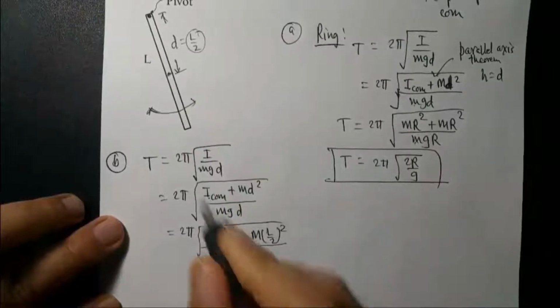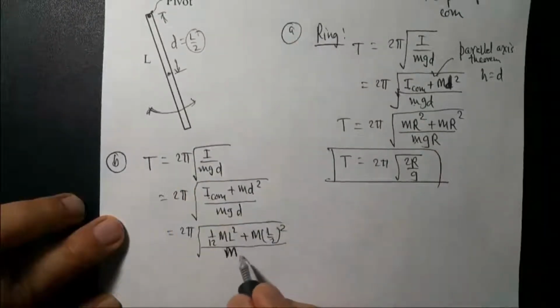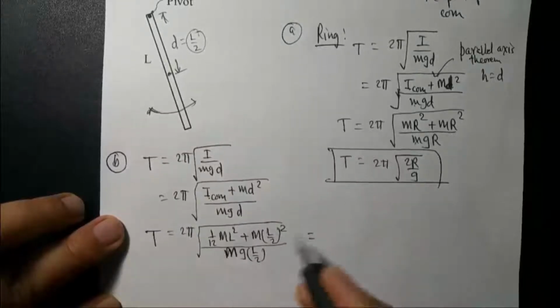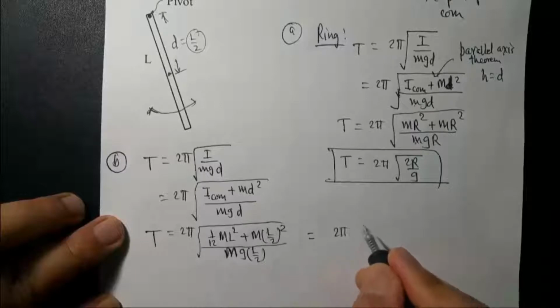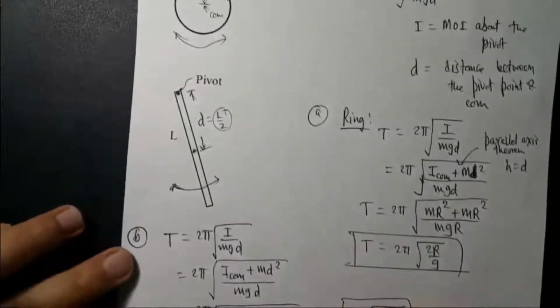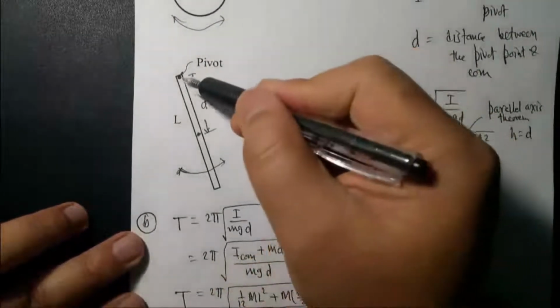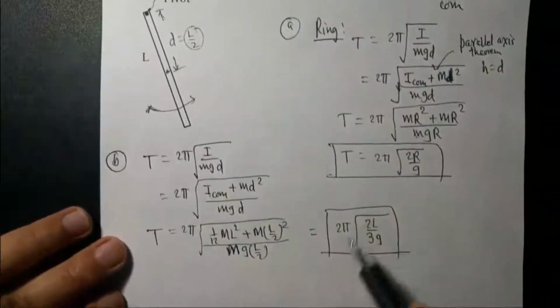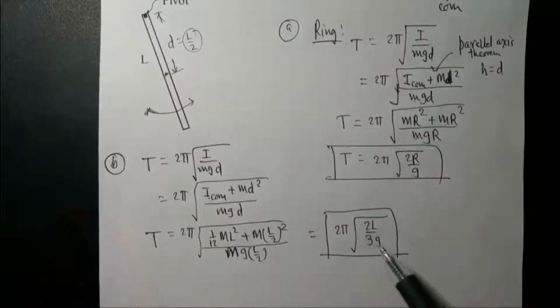These masses are the same, the mass of the stick, and d is just L over 2. And that's your time period. If you simplify that, you will end up with the result, so you can double check the calculation. That's the time period formula for a meter stick or any rod when you pivot at one end. And you can experimentally verify that with this calculator if you just put in some numbers.